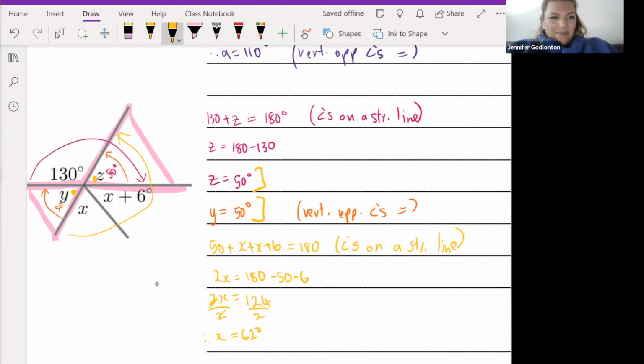Yes, there is a different way. The way that I would have done this is I would have used vertically opposite angles. Do you see the pink lines that I've highlighted? That means that this whole angle is equal to that whole angle.